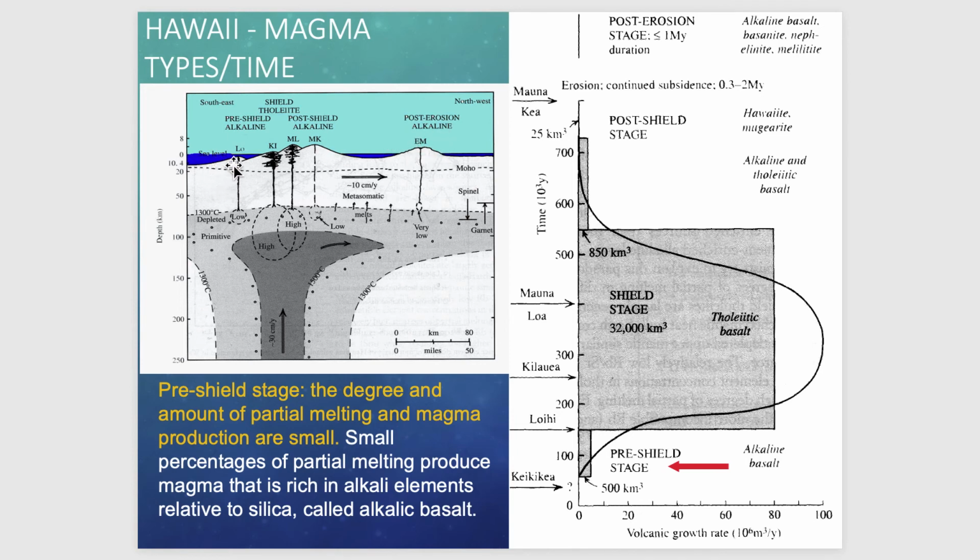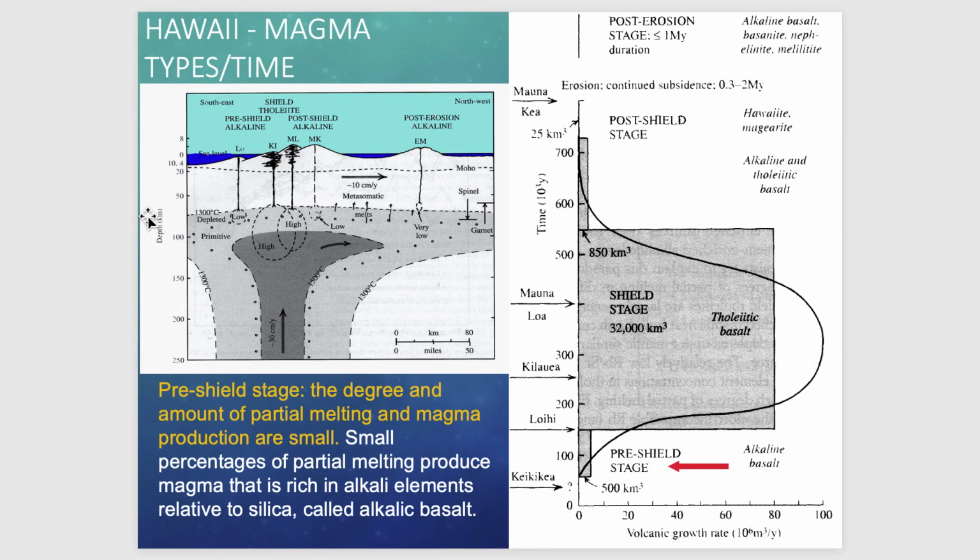So we have Loihi here, Kilauea, Mauna Loa, Mauna Kea, and also one of the eastern Maui volcanoes, so the main volcano on a very proximal island right north of the Big Island, which is Maui. So you can see here the Moho; the oceanic crust is relatively thin, on the order of roughly 10 kilometers.